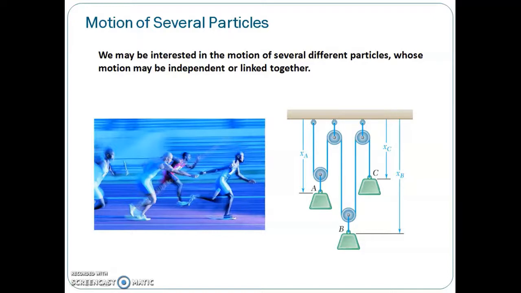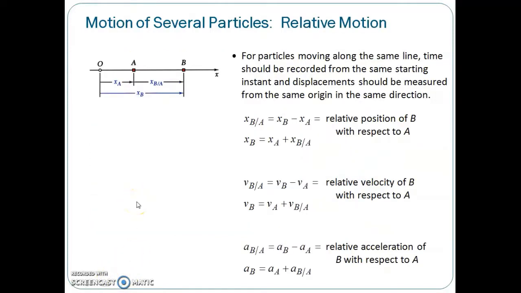In other words, a single clock and a single measuring tape should be used. For particles moving along the same line, the time should be recorded from the same starting instant, and the displacements, as I mentioned just now, should be measured from the same origin in the same direction.